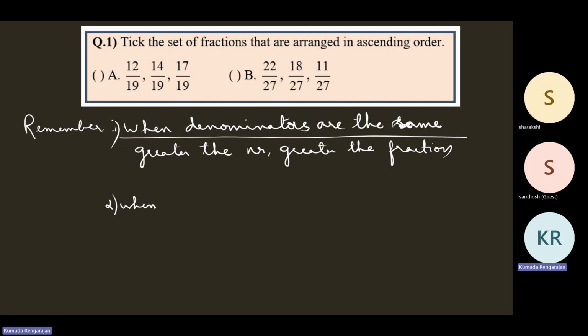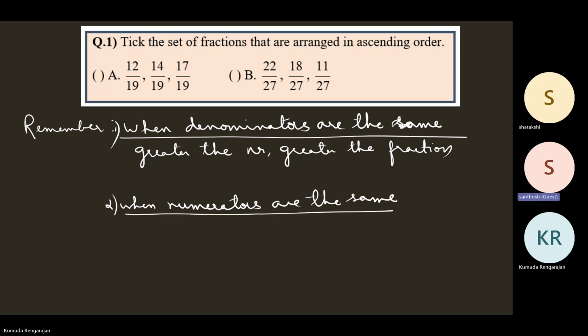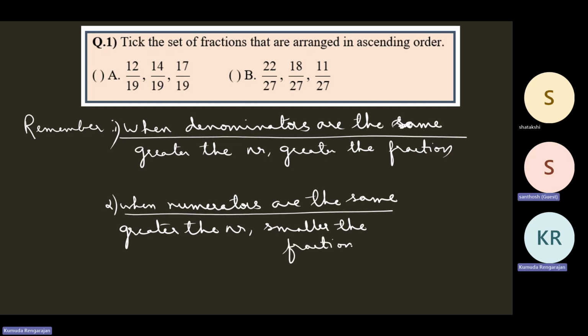When the numerators are the same, then the rule is greater the numerator, smaller the fraction. So it's in descending order. Smaller the fraction, descending order.